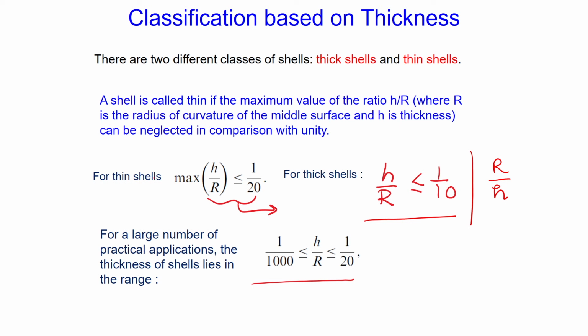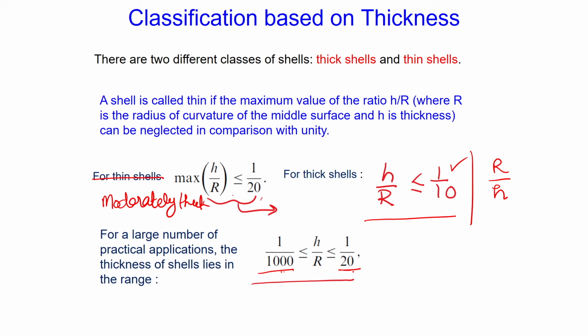For a moderately thick shell, h by R should be, I think, in between 1 by 20 and 1 by 10. For a very thin shell, the h by R ratio will be between 1 by 1000 and 1 by 20.